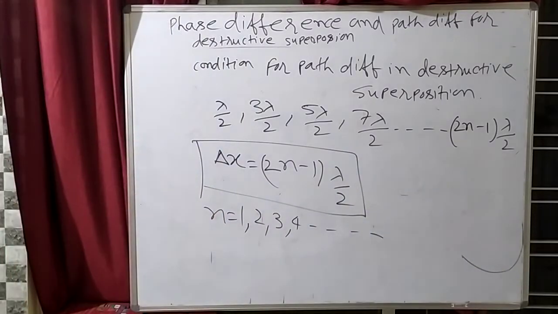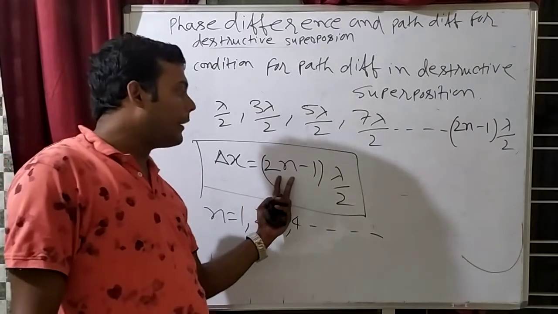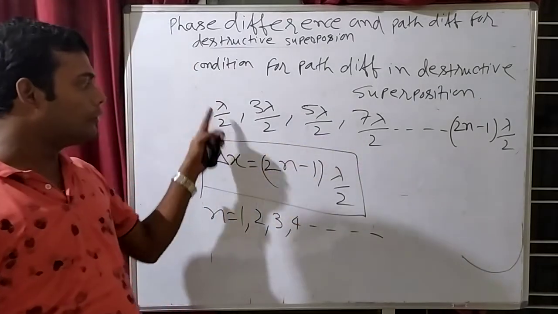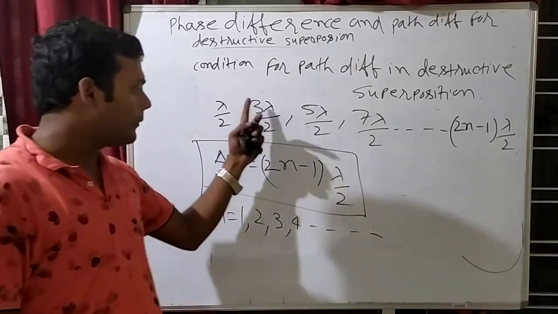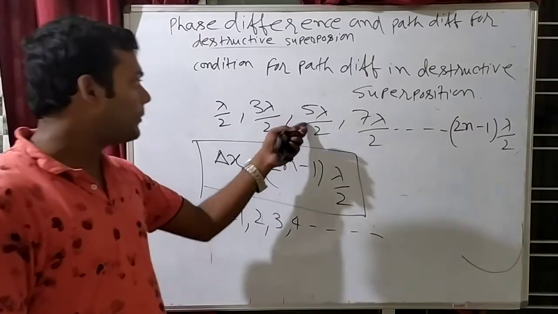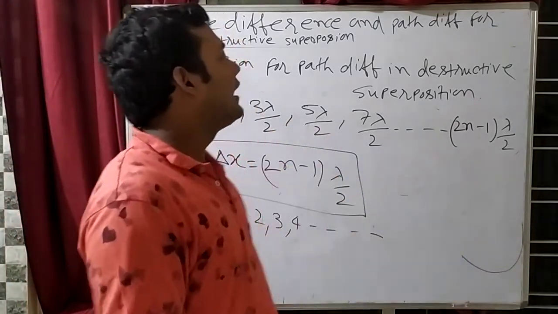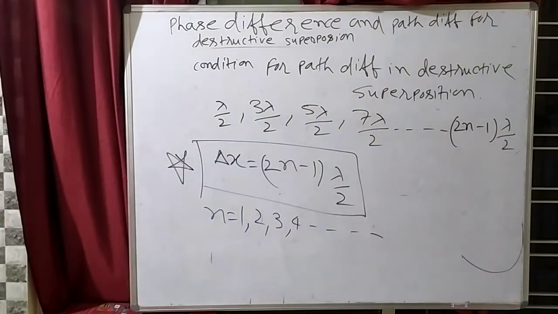So put n equal 1, 2 into 1, 2 minus 1, 1 lambda by 2. Clear? Put n equal 2, 2 into 2, 4, 4 minus 1, 3 lambda by 2. Put n equal 3, 3 into 2, 6, 6 minus 1, 5 lambda by 2. So the general condition will be (2n minus 1) lambda by 2. Clear?